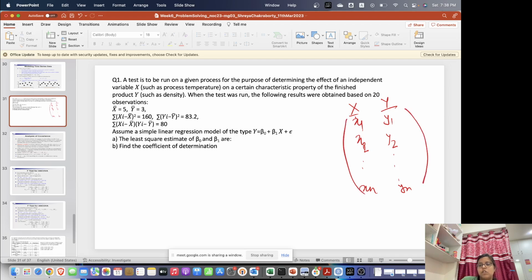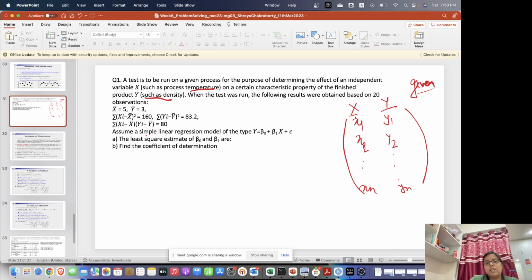These observations are given to us. So x is process temperature and y is density. From these x's and y's, we have these values calculated.